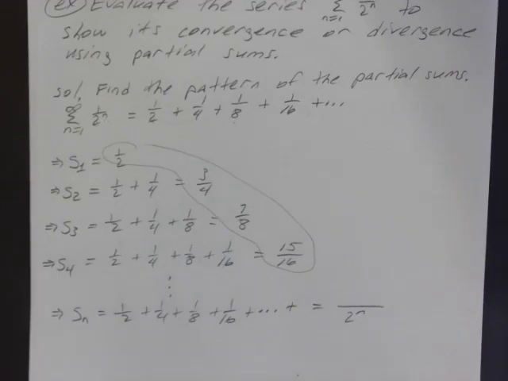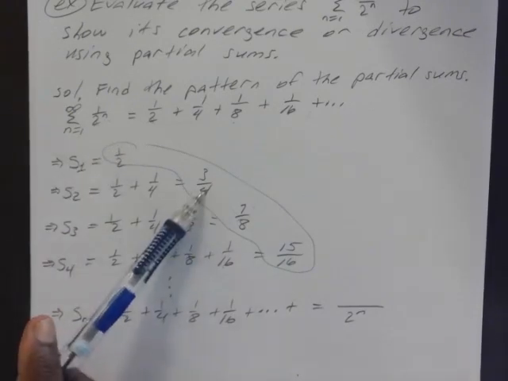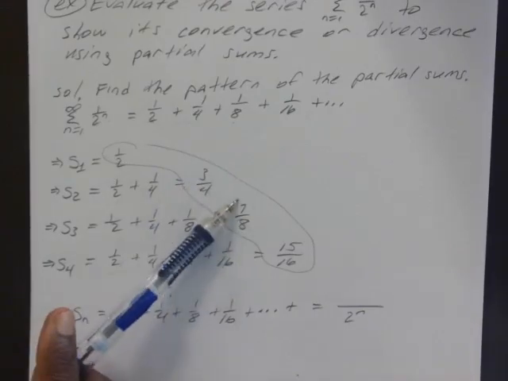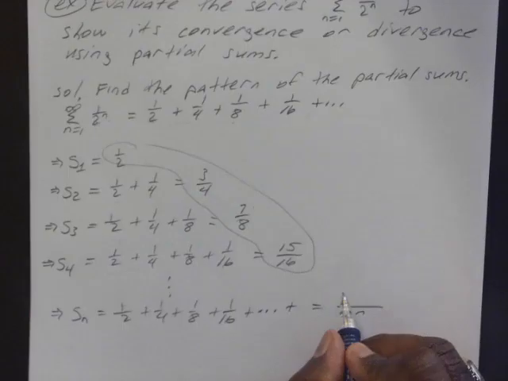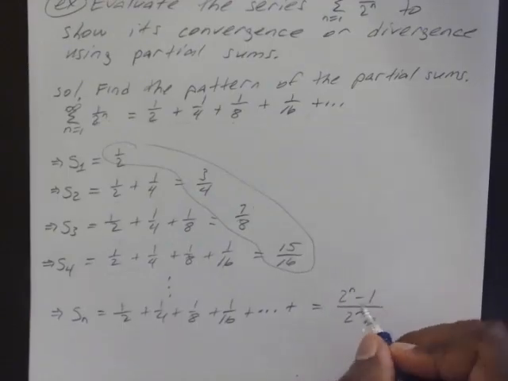But if you look at the numerator, it's always 2 to the power of n minus 1. So when n is equal to 1, 2 to the first power minus 1 gave us 1. 2 squared minus 1 gave us 3. 2 to the third power minus 1 gave us 7. So we know each numerator is 2 to the power of n minus 1.